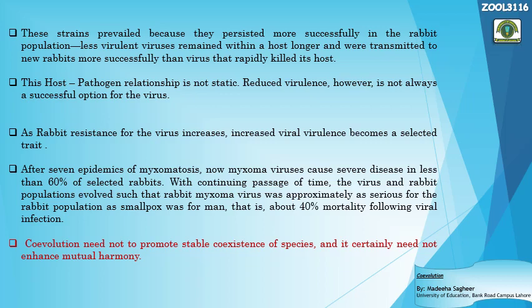With continuing passage of time, the virus and the rabbit population evolved such that myxoma virus was approximately as serious for the rabbit population as smallpox was for man. Once upon a time, there was a smallpox virus, and it caused very serious illness in humans. So now the myxoma virus has become virulent again, but its virulence is at a moderate level.